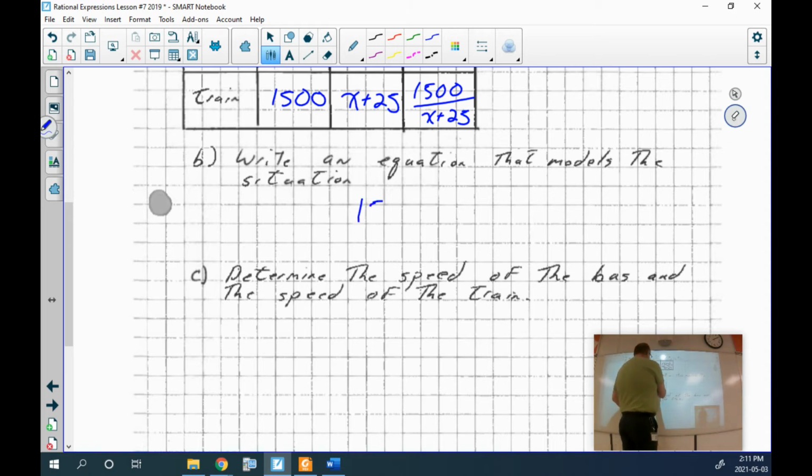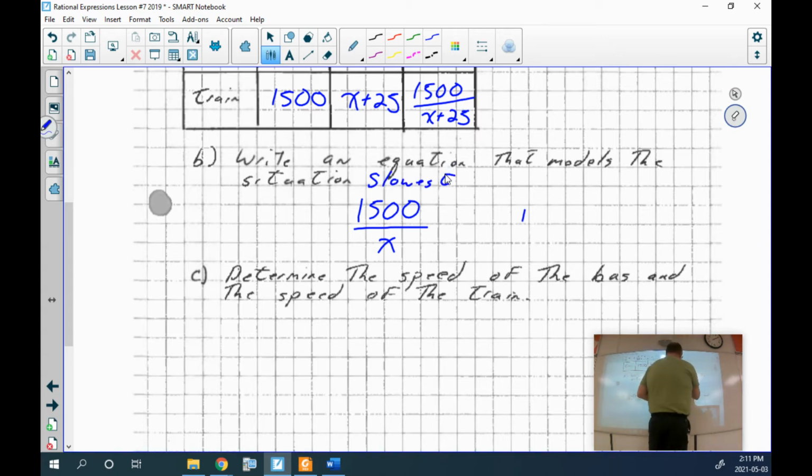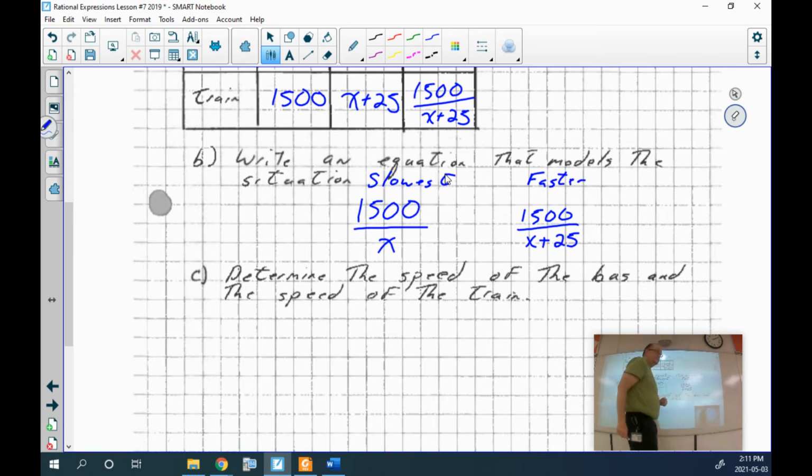So if I have the speed of the bus, that's the slowest. Speed of the train is the fastest. Now we got to figure out where to put that 3.